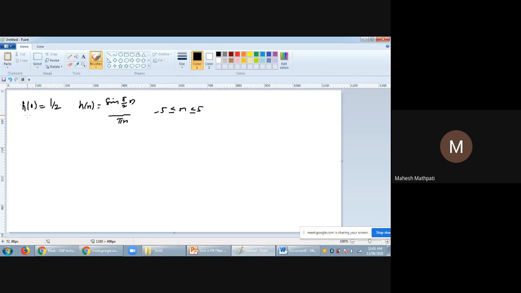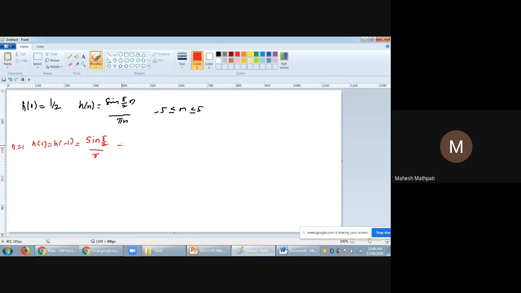So now we have calculated the value for 0. Then we calculate the next values. For n equals 1, h of 1 equals h of minus 1 equals, sine of pi by 2 divided by pi.